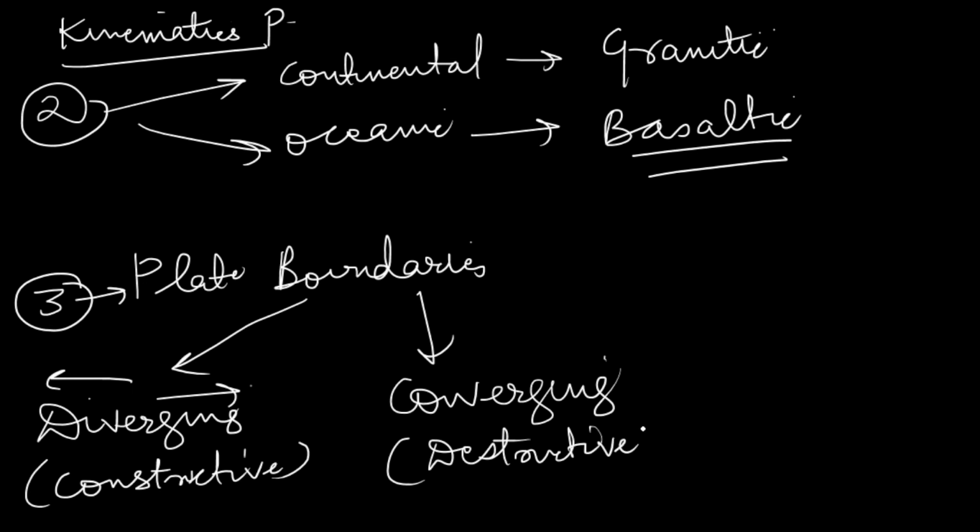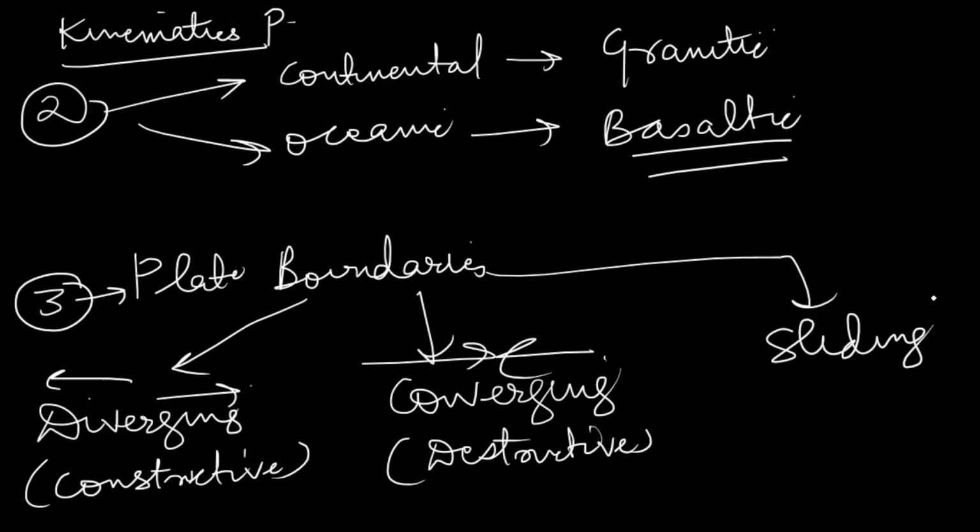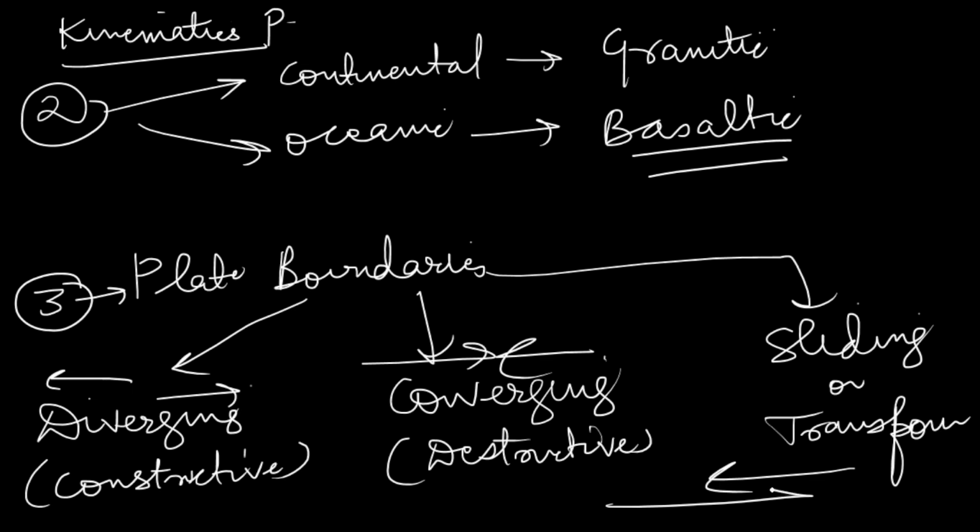In converging, two plates are coming together or coming towards each other. Next one is the sliding or transform boundary. Here two plates slide against each other. They do not interact, but they slide. Suppose this goes this way, this goes this way. So these are the three types of plate boundaries.